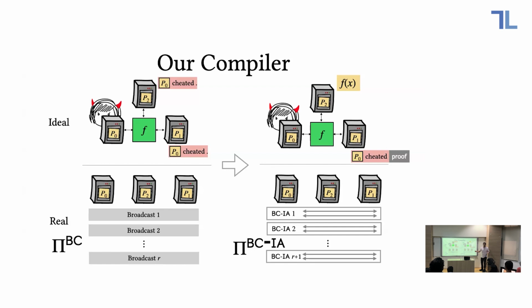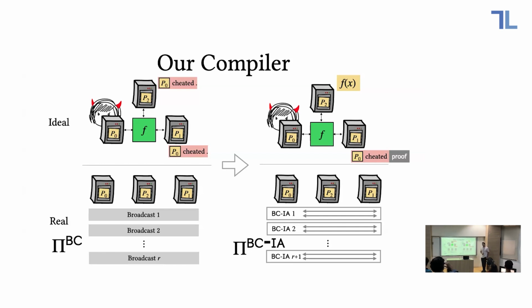And point-to-point channels are very easy to instantiate; you just send messages into them. The distinction is also in what guarantee we're able to provide at the ideal functionality level. Previously, we were assured that all honest parties would be in agreement about who the cheater is. Now it could be that one honest party identified a cheat while another actually got the output. But the one who identified the cheat now has a proof that can convince any external third party. So that's our compiler.